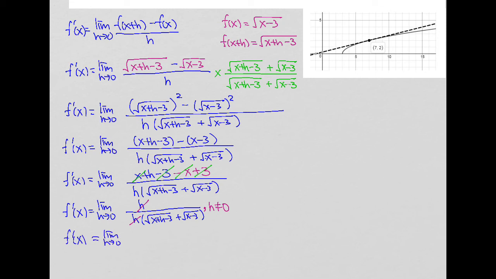So what's on the numerator now? It's a 1. At this point, we need to see whether or not we can put 0 into h. As long as the denominator does not become 0, then we can put 0 into h. So if we put 0 into h now, we have square root of x minus 3, that's not 0, plus another square root of x minus 3, it's not 0.